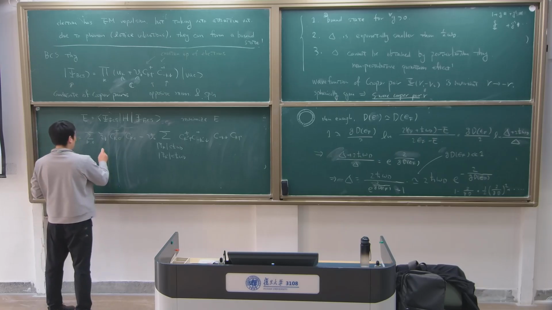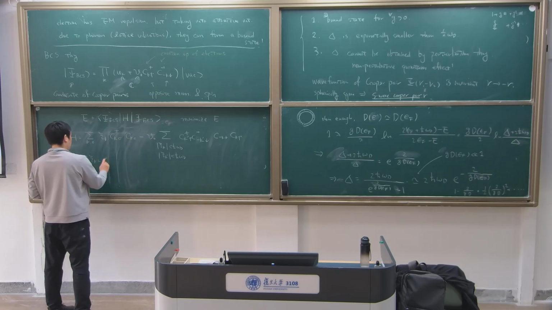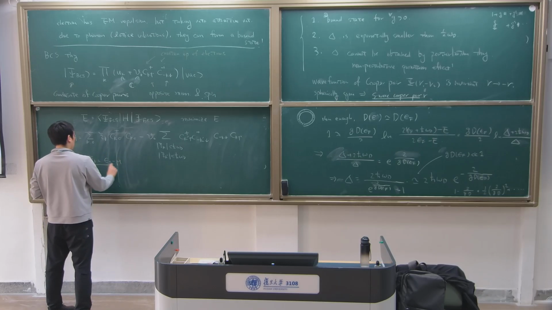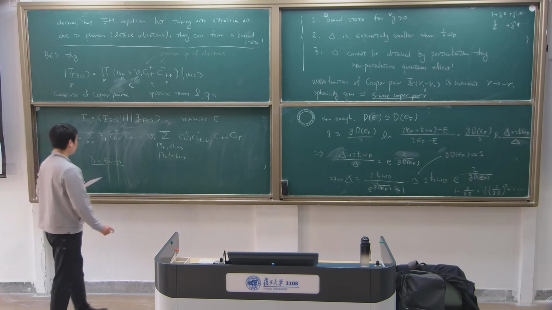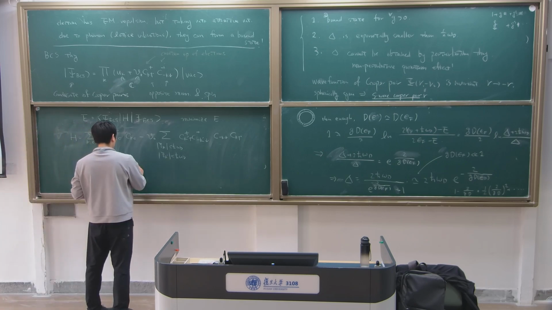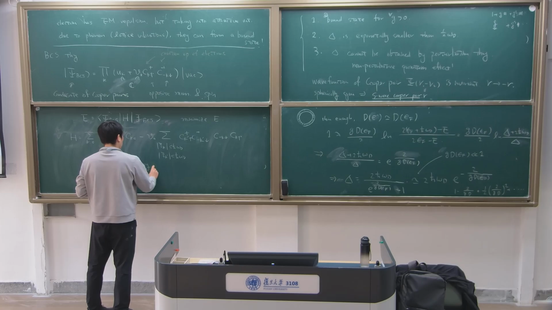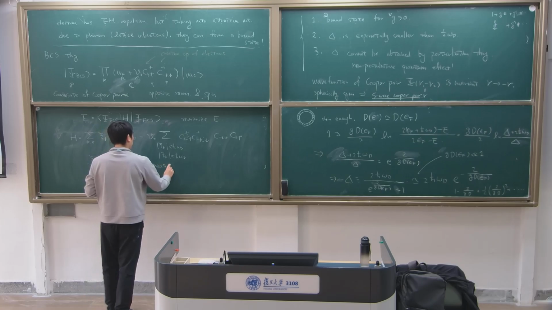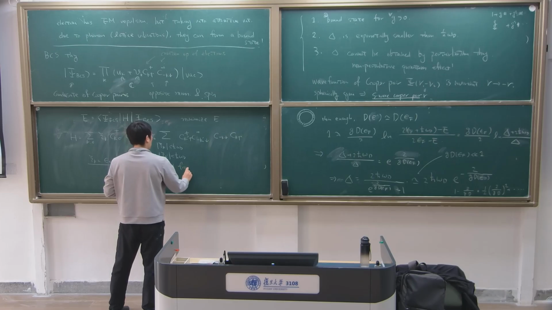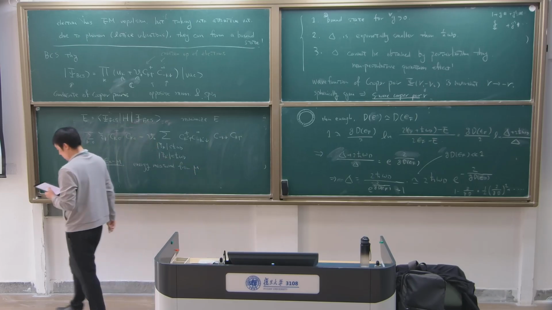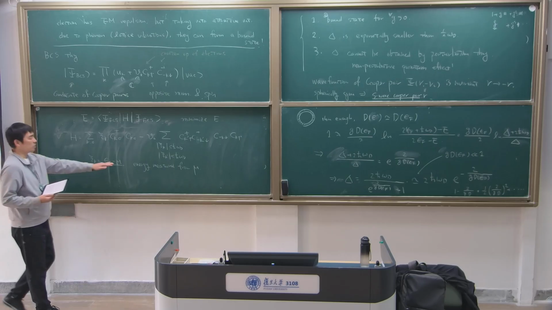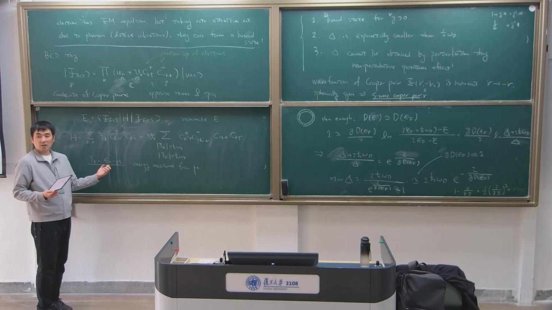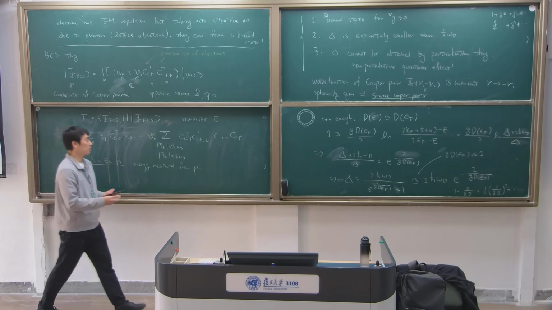So this is where epsilon k is the kinetic energy measured from the chemical potential. Essentially, from k minus mu means that they consider the grand canonical ensemble.